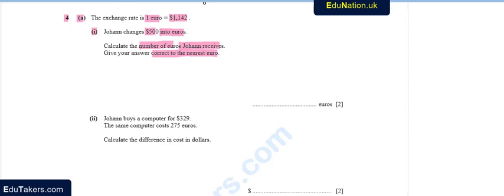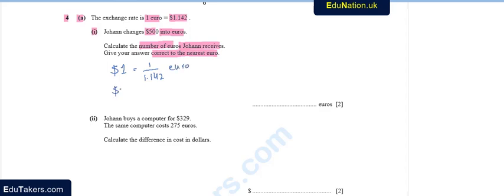When €1 is $1.142, then $1 equals 1 over 1.142 euro.